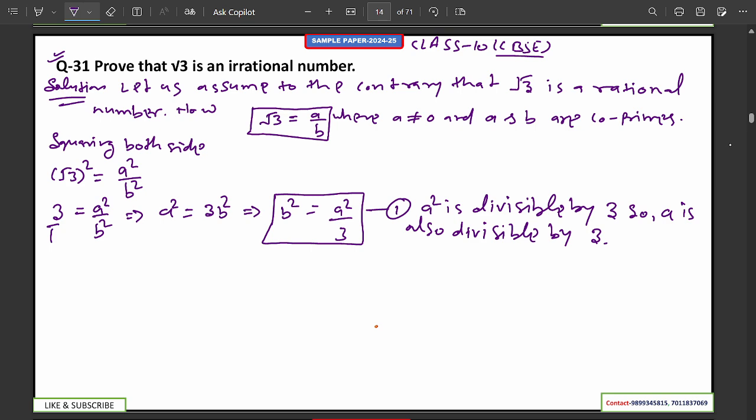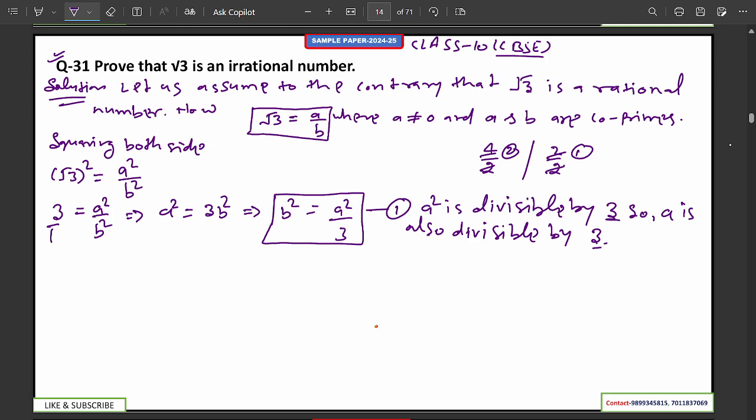Why are we saying that a square is divisible by 3 and also a is divisible by 3? Let us understand with the help of an example. Suppose 4 is divisible by 2, we know. We can also say that 2 is also divisible by 2. In the same way, a square is divisible by 3, so a is also divisible by 3.